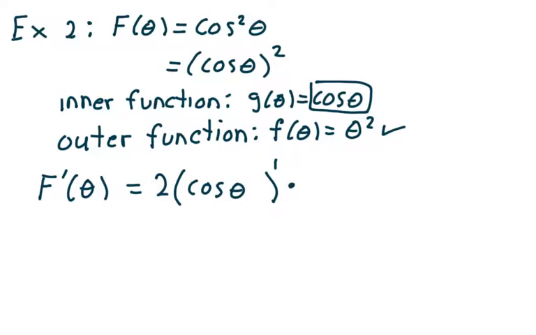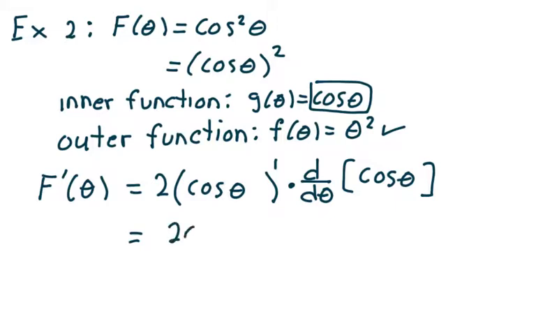But remember, in the chain rule, you have to multiply by the derivative of the inner function, which in this case is cosine theta. So I like to think of this as peeling an onion. So remember, you're working outside in. That's where the whole idea of peeling an onion comes in. You start from the outside, you work your way inside.